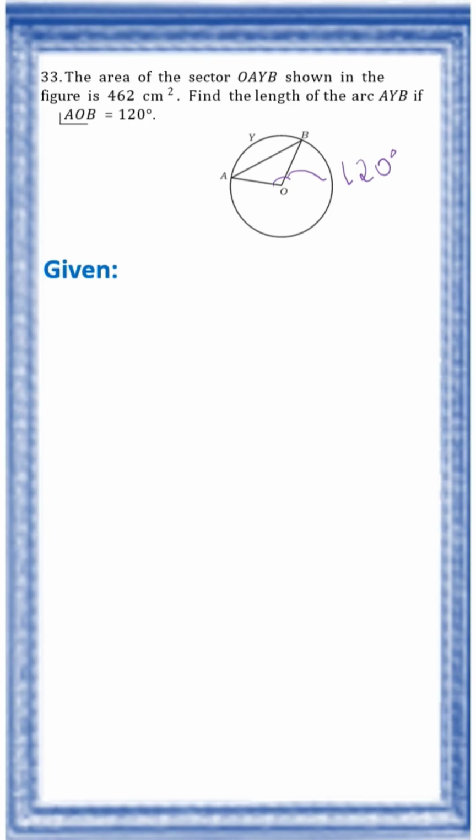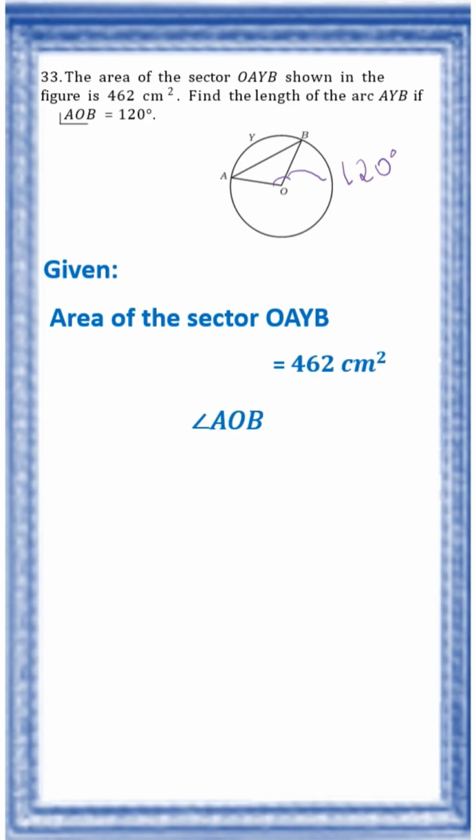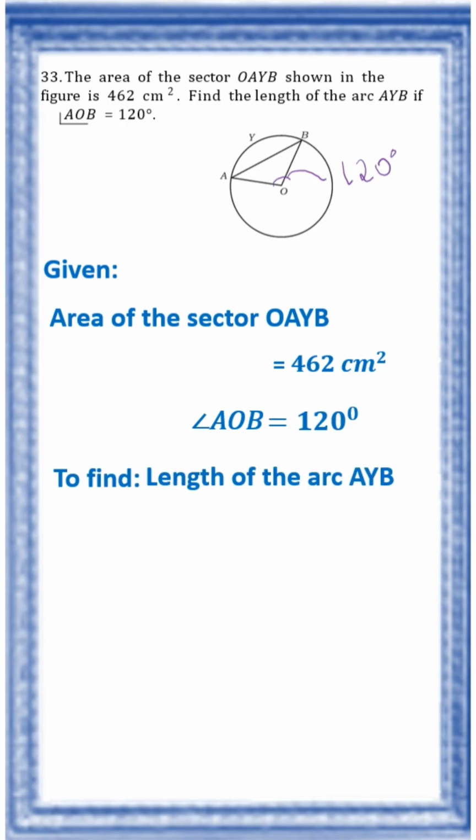What has been given here? Area of the sector OAYB is 462 centimeter square, angle AOB is 120 degrees. To find out the length of the arc AYB.